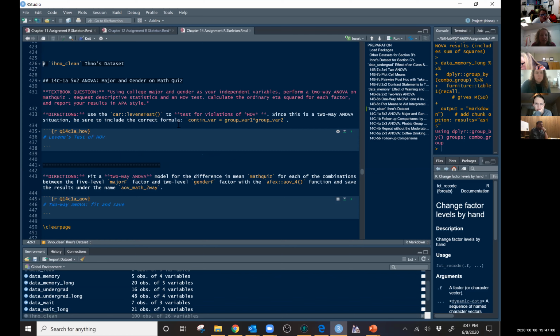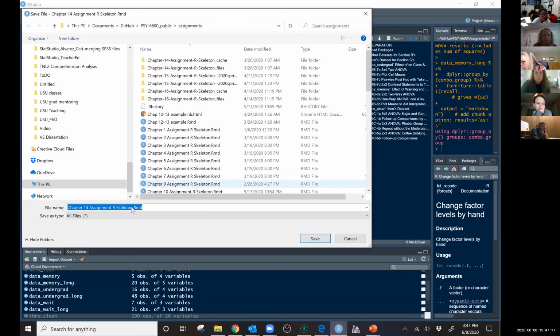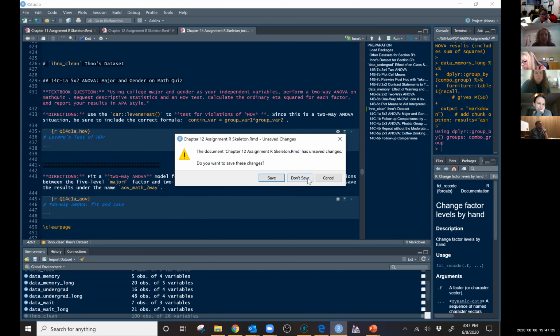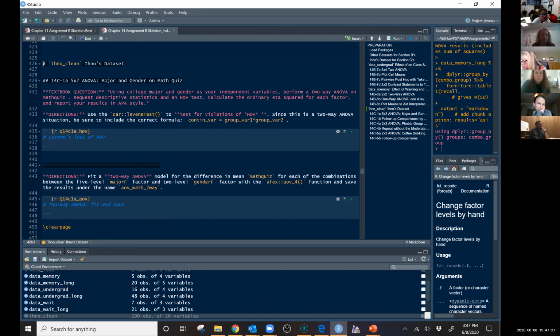So I haven't touched this, this is the skeleton, it hasn't been touched. And let me save this as something different so it doesn't save over the skeleton. I'm known for doing that. Okay, so here we go.